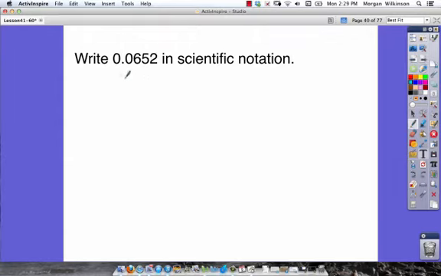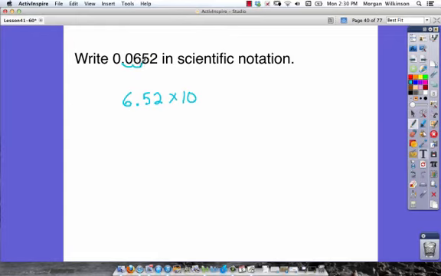Here we go. Let's write 0.0652 in scientific notation. So the first non-zero digit that we have is a 6. So we're going to put that in the ones spot, and we're going to have 6.52 times 10 to some power. Now this time, we've got to move the decimal backwards, 2 spots.